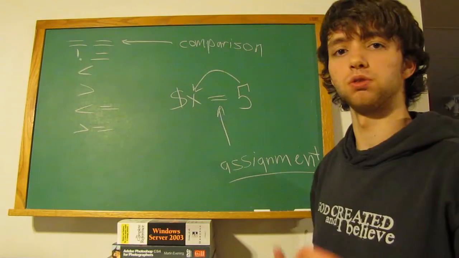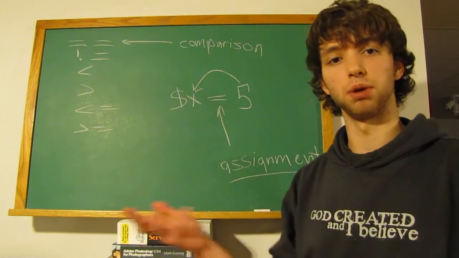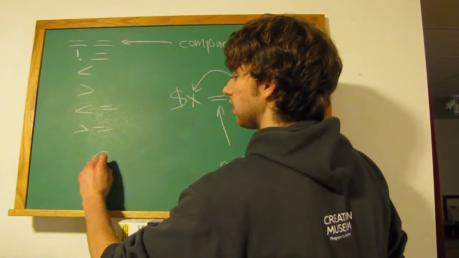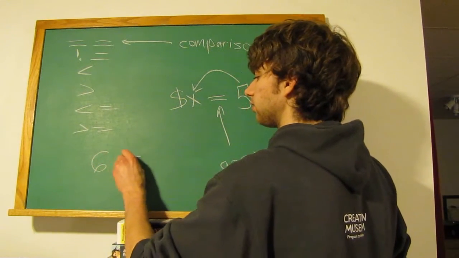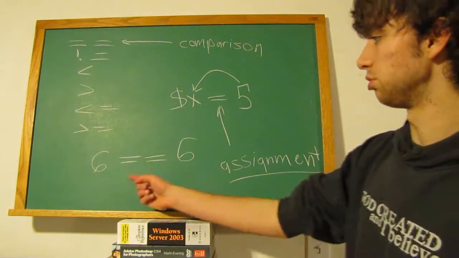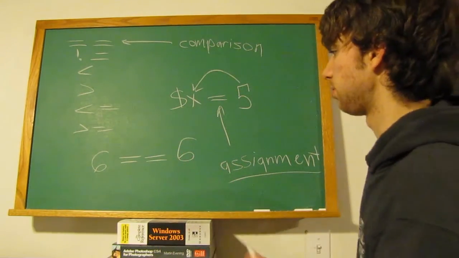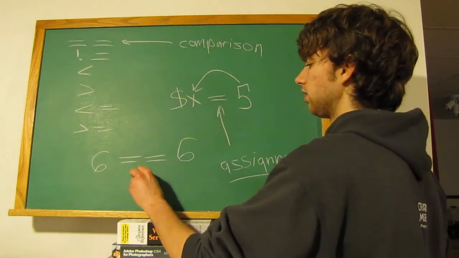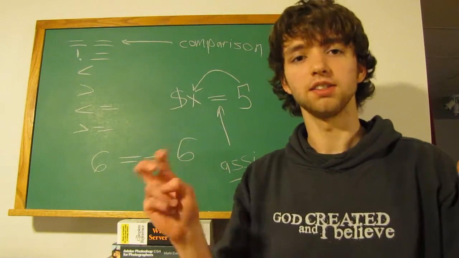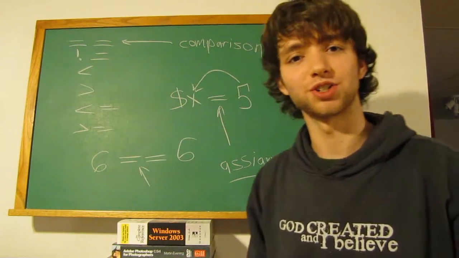If we were to use the equal sign that you use in a basic math class, you would use double equal signs. So like this, 6 is equal to 6. Basically, if you wanted to turn this into English instead of math symbols, is equal to, it's a question.